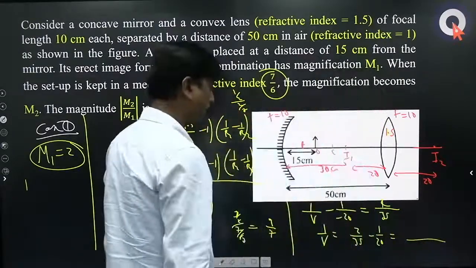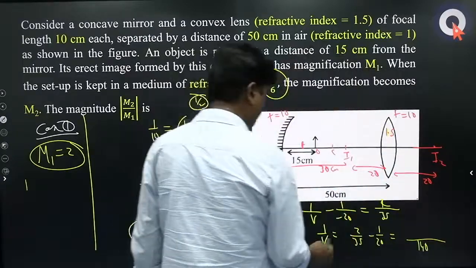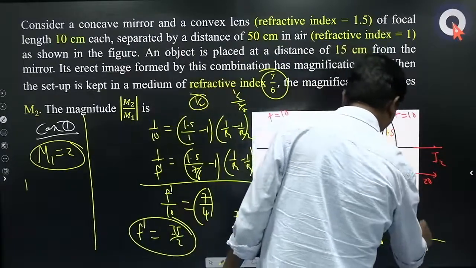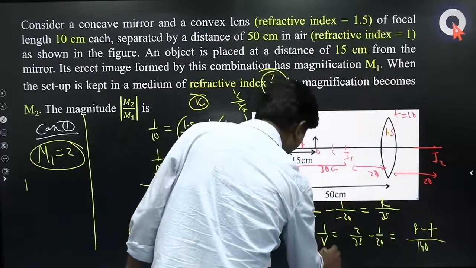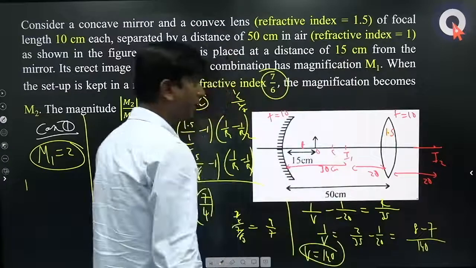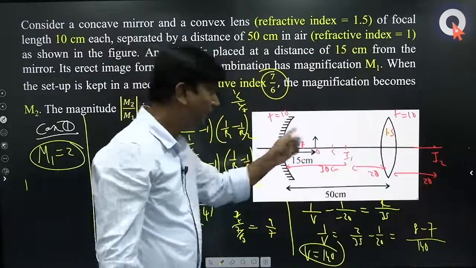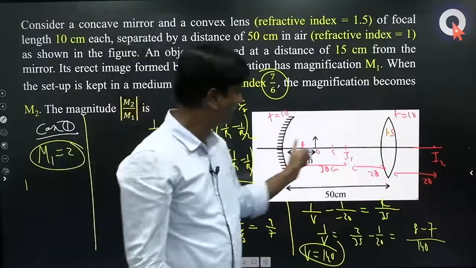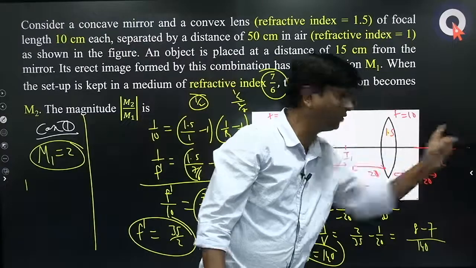So just check it. 140, 2 4s are 8, 7, 1 by 140. So V will be 140. Second time the image will become 140. Now the magnifications: first time it is 2 times magnified. Second time object distance is 20, image distance is 140.